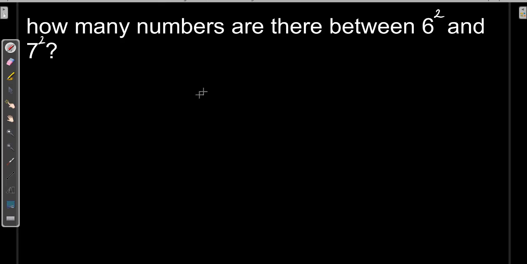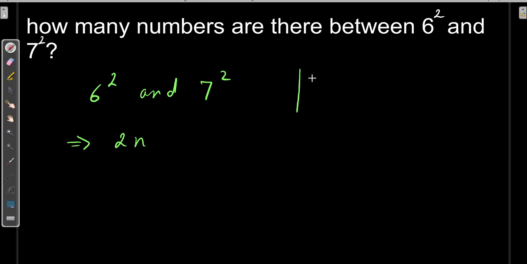Now come to the next question based on the properties. How many numbers are there between 6 square and 7 square? Suppose we have to find the numbers between two square numbers. How to find it? There is a small formula. The formula is 2n. Now what is the value of n?